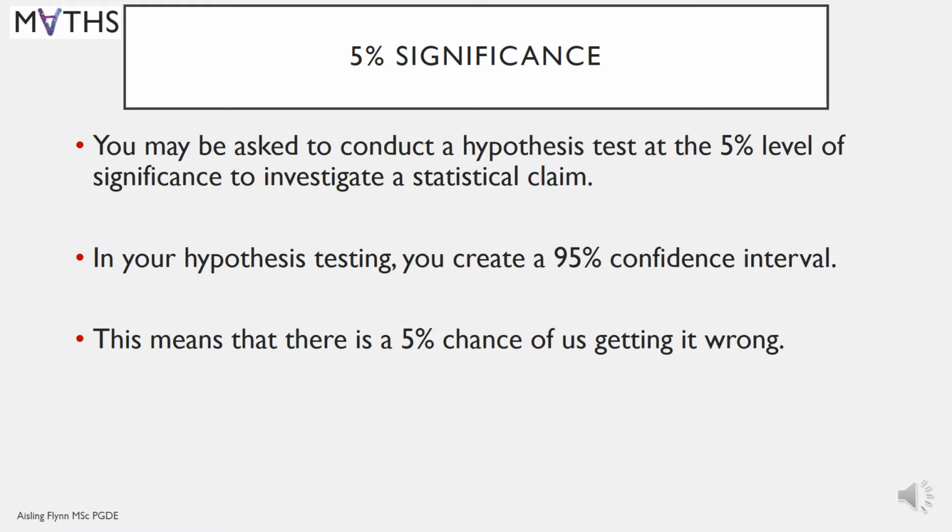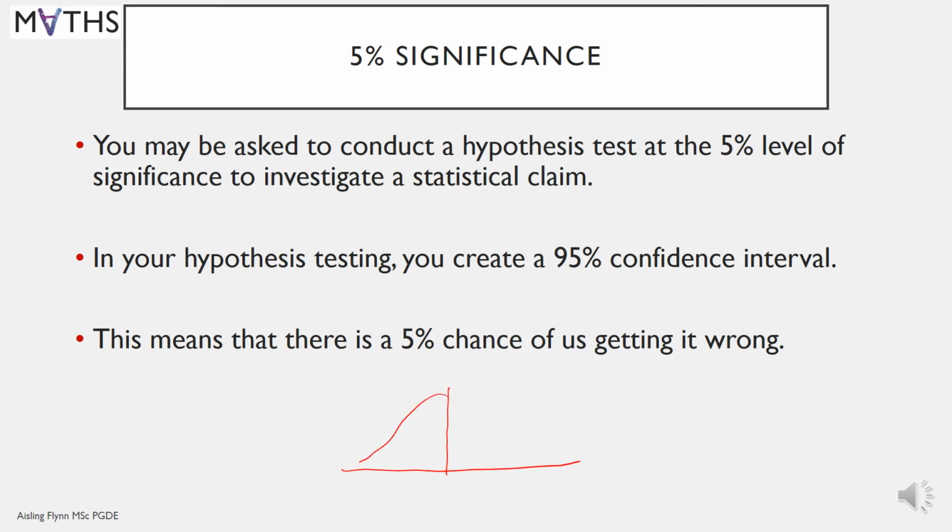This means that there's a 5% chance of us getting it wrong. So what this 5% significance refers to is those two small sections at either end of the normal distribution that are more than 2 standard deviations from the mean. So you have 5% outside those markers, +2 and -2 standard deviations. You have 95% inside. So really they're referring to the same thing.